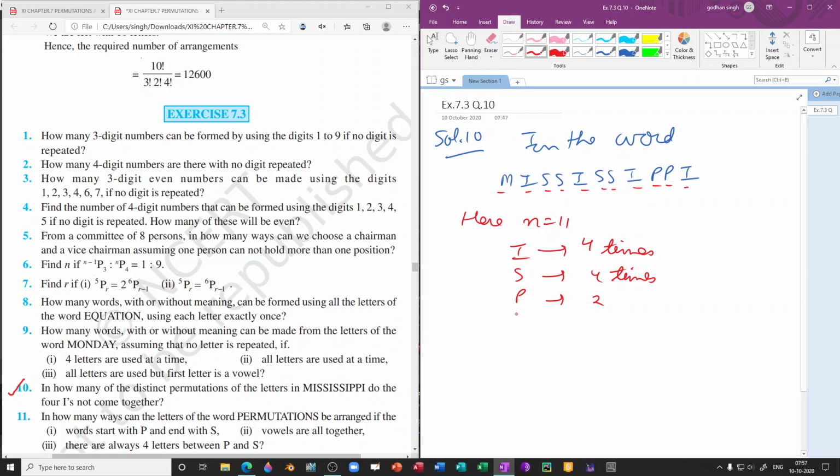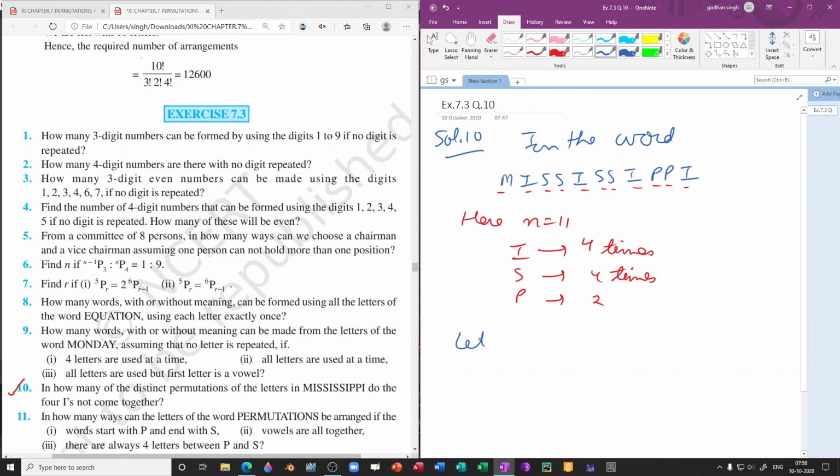So now what we'll do is find all those words in which the 4 I's do not come together. So first we'll take the case when all the 4 I's are coming together. Let us make one block of these I's.